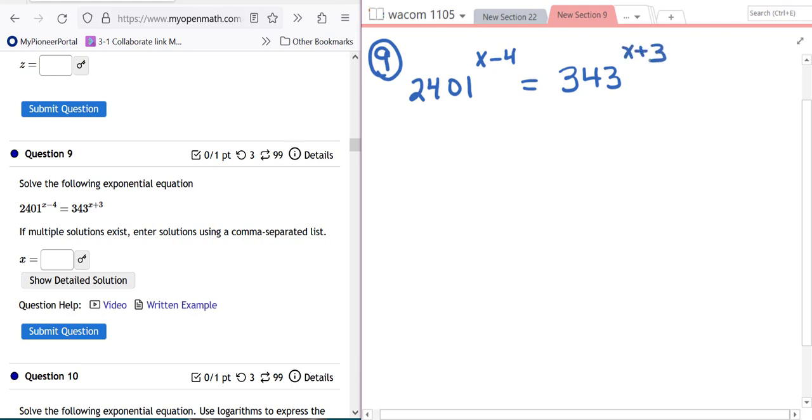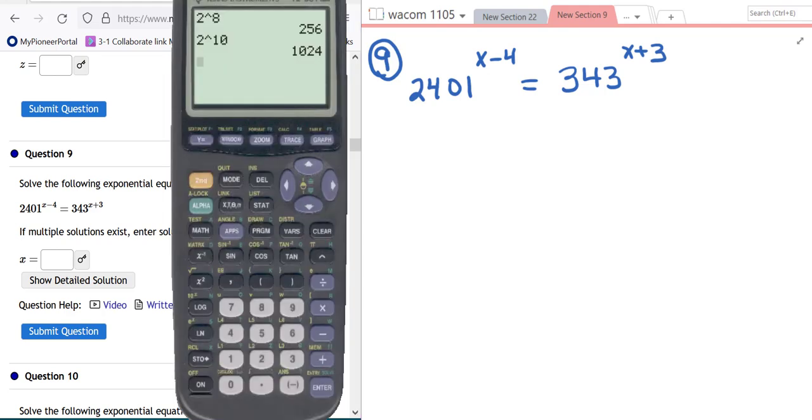Right, so since it's an exponential equation, we want to try to write these as the same base. And I remember something about 7 to a power giving me 343. So I'm going to check that. So let's try 7 to the third. All right, so 7 it is.